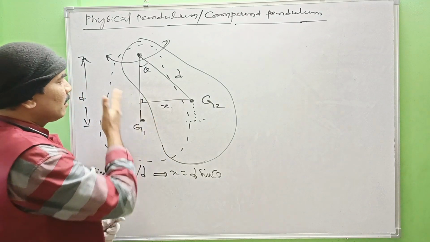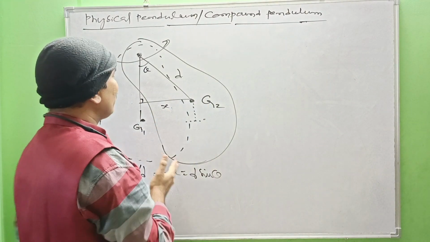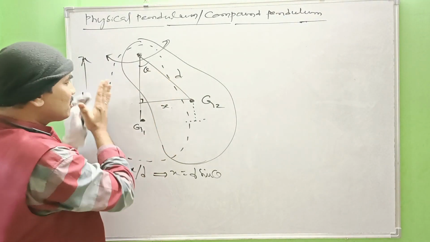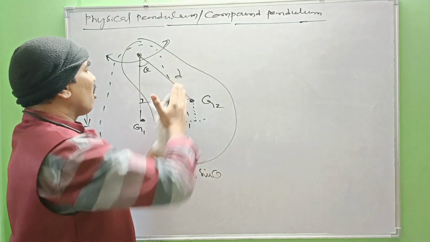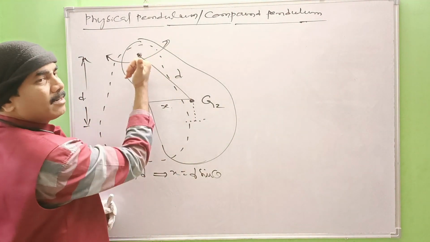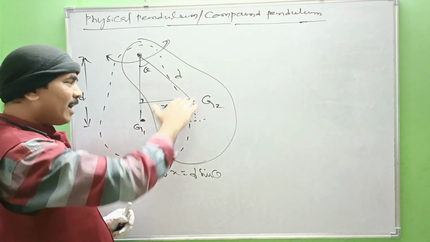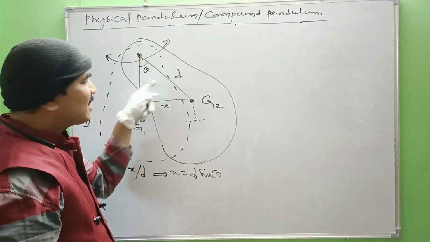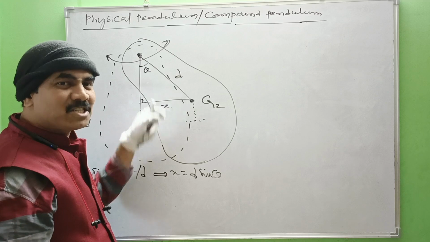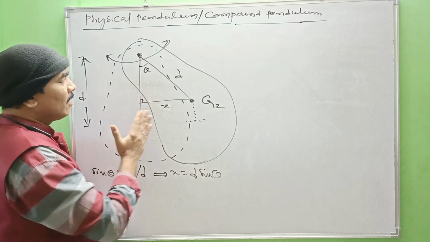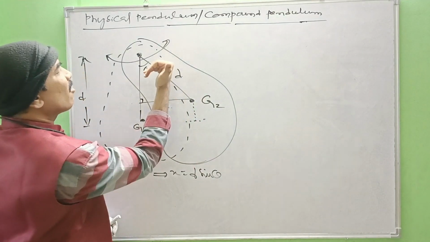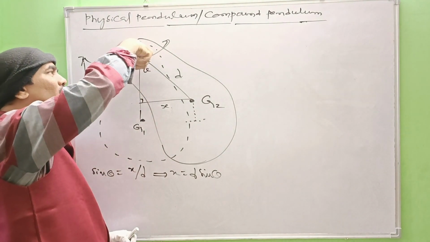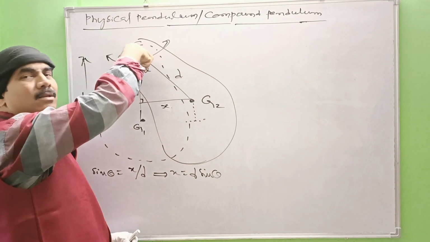What is the turning effect here? The body is turned in anti-clockwise like that about the hinged point, right? But because of restoring torque, again it comes back. Now, what is the sense of restoring torque here, clockwise or anti-clockwise? Deflecting torque is anti-clockwise, but restoring torque is clockwise, about a normal axis passing through the hinged point.